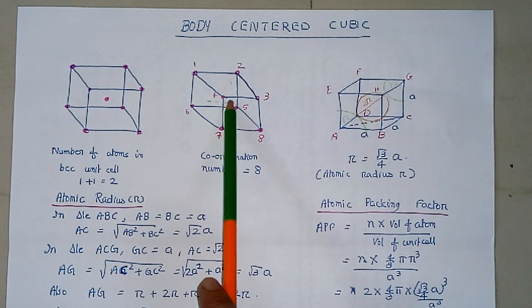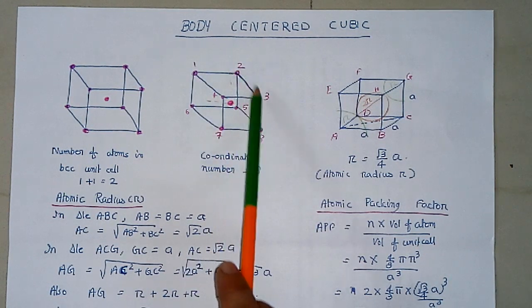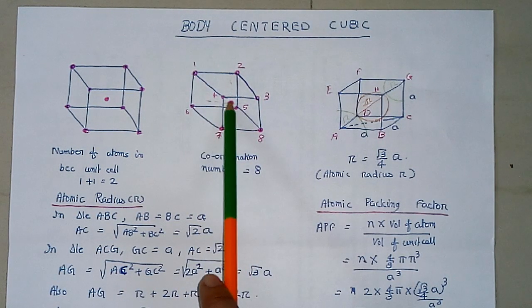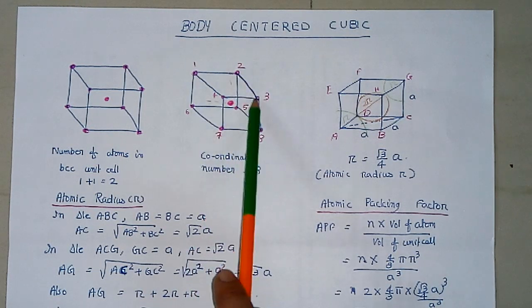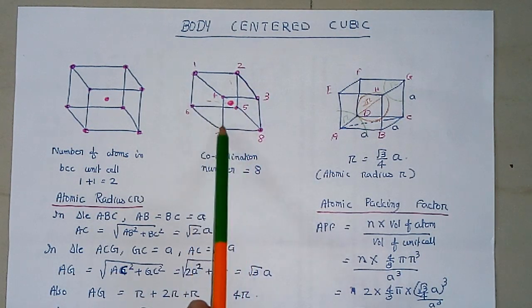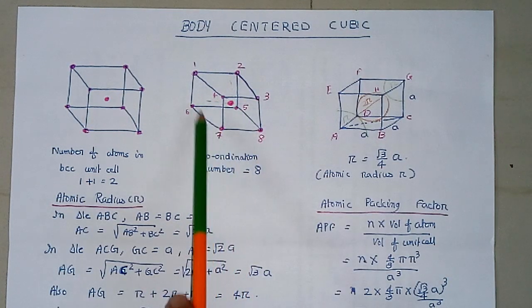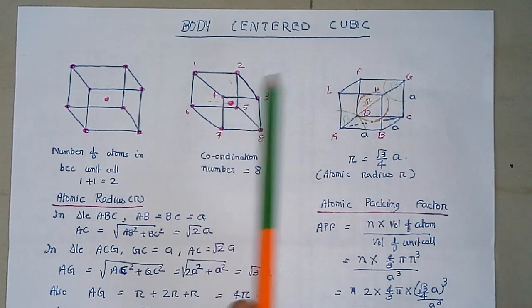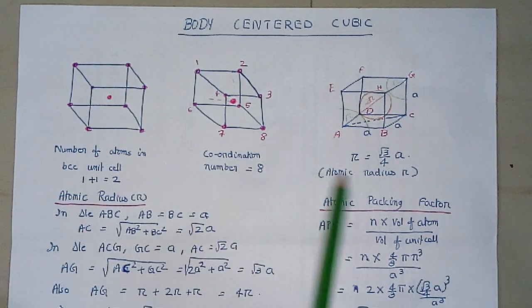For the center atom, all these neighboring atoms are lying at the corners. So for this center atom, 1, 2, 3, 4, 5, 6, 7, 8, all are the nearest neighbors. So the coordination number for this atom equals 8. In case of BCC, coordination number equals 8.